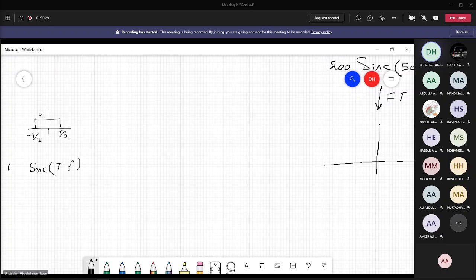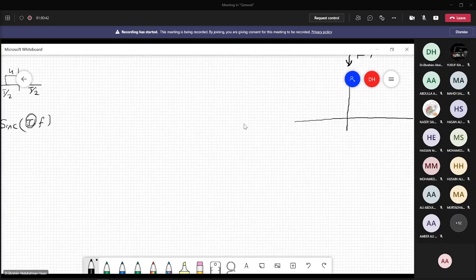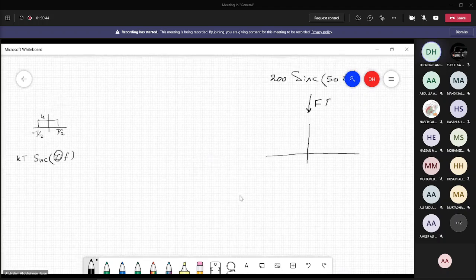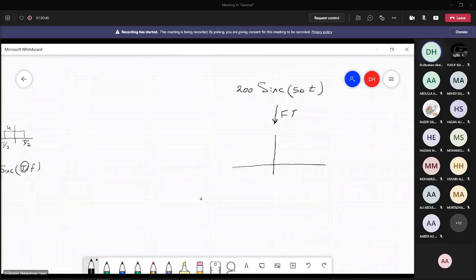Okay, and here we have K multiplied by T. So whatever we have here divided by 2, put it here and put it here. So then it is the same thing here. So sinc, we will get this.